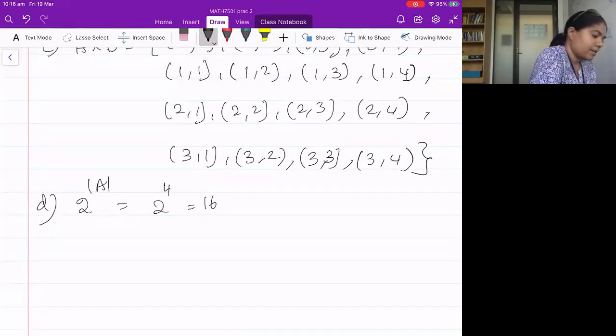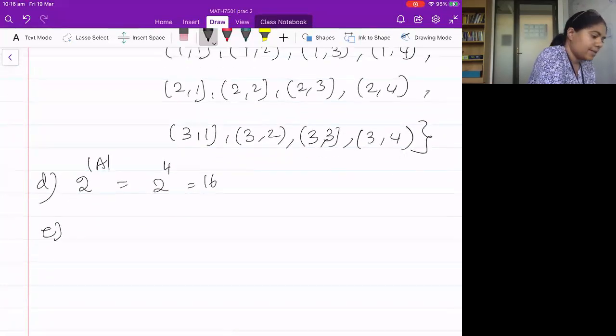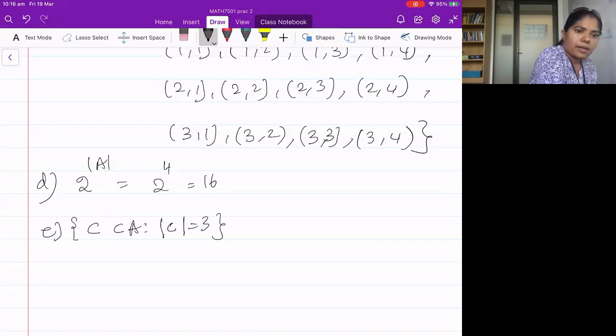And part E is: C is a subset of A, such that the number of elements in C equals 3. And what does that give you?